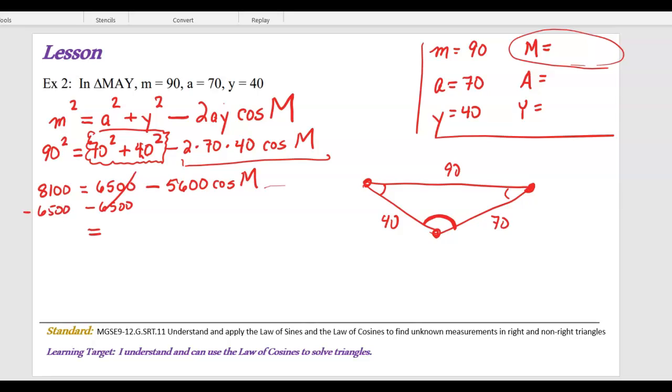Okay, and that's going to leave you 1600 equals negative 5600 cosine m. Divide both sides by negative 5600.